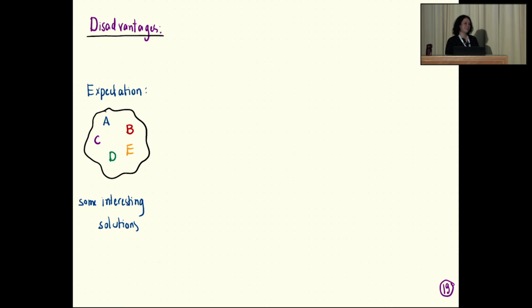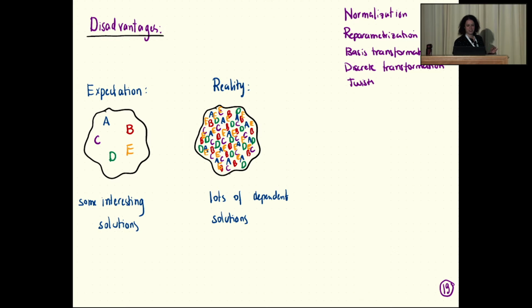But there are some disadvantages always. What we expected when we started was let's classify the models, and let's say we find a few interesting solutions. What happened in practice was that we found lots of dependent solutions. And this is because you can transform the R matrix in certain ways, and this will preserve Yang-Baxter.